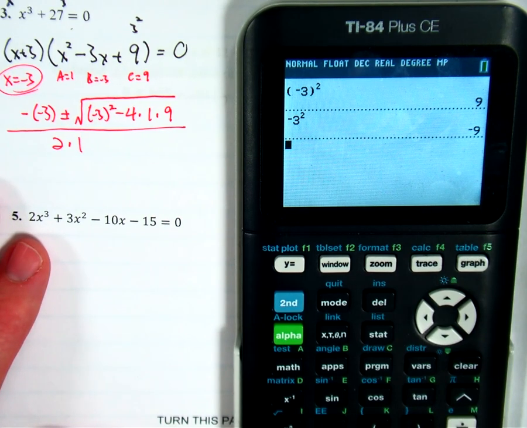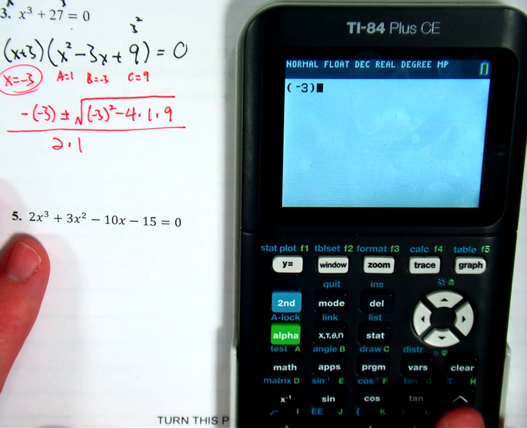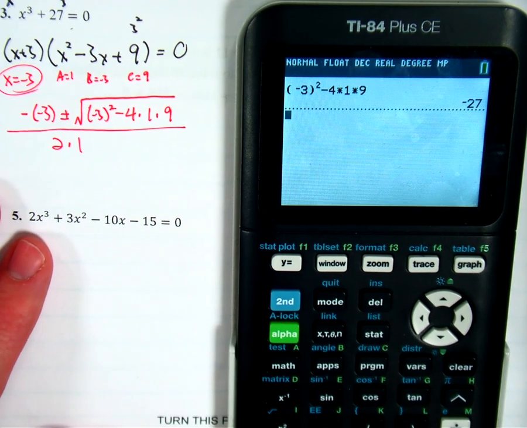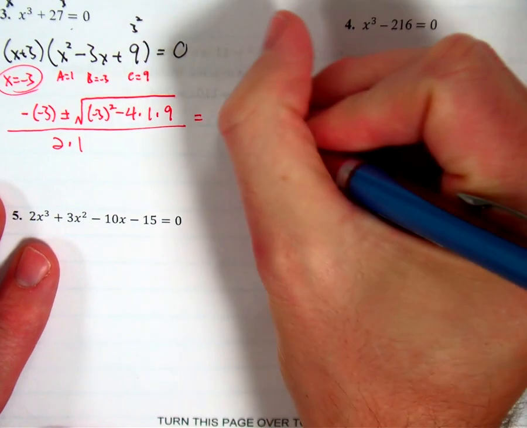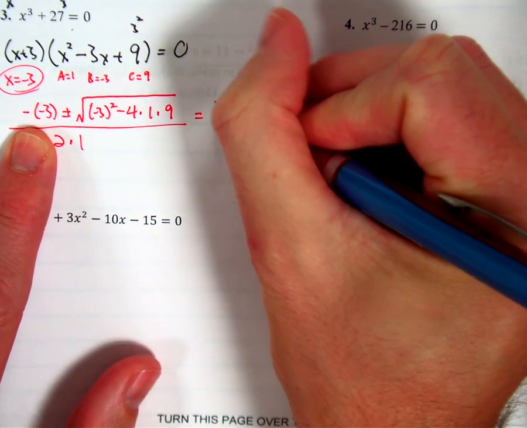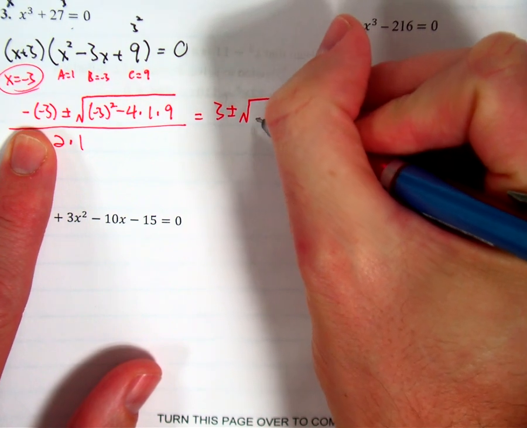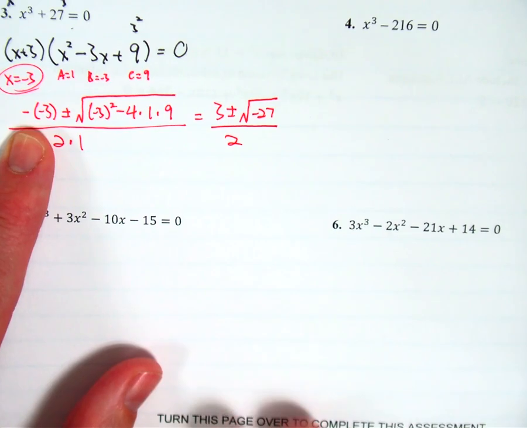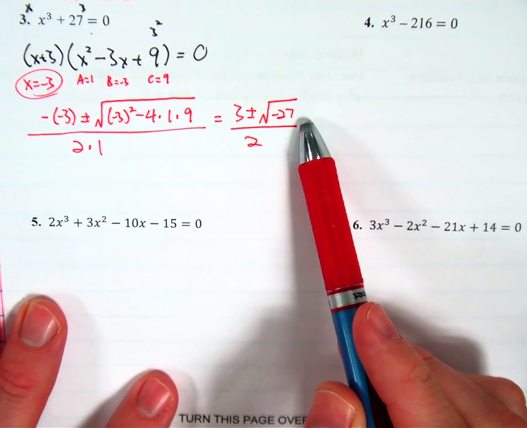So make sure to use your brain or use your parentheses. -3 squared minus 4 times 1 times 9 should be -27. So negative of -3 is +3, plus or minus square root of -27 over 2.